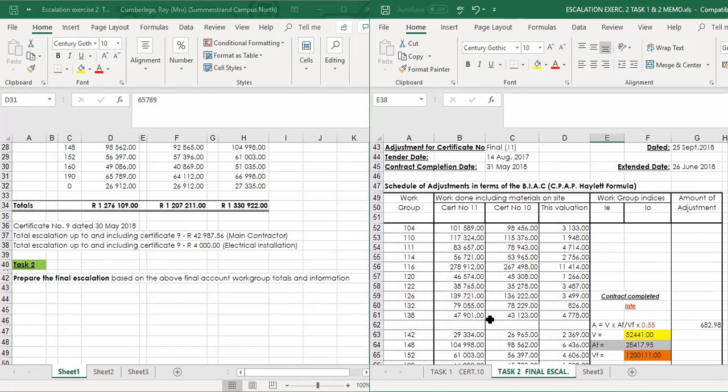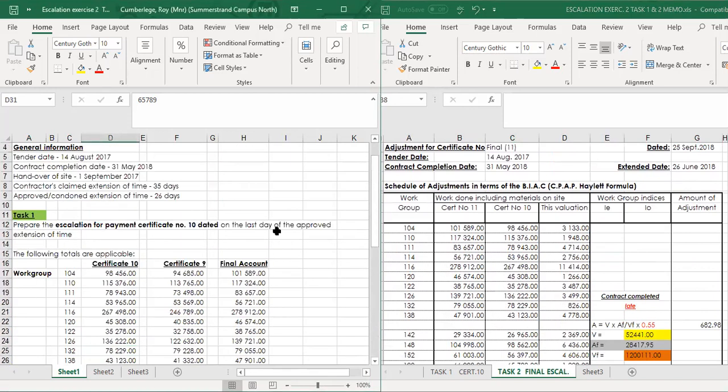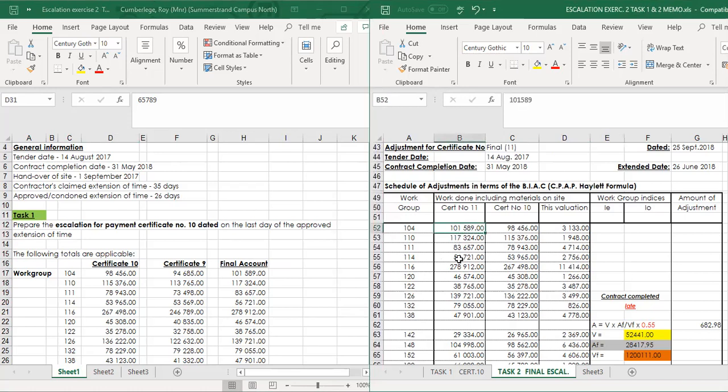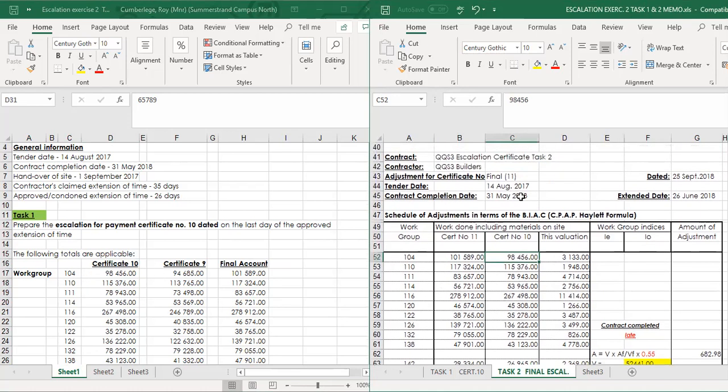So obviously you've done the final account, and we've got the figures from the final account. There are your values from the final account. Let's say for work group 104, there's the amount, and there's the amount for the final escalation. Less the previous, that is now the value from certificate 10, because we are now preparing certificate 11, the final escalation. And note there's no indices applicable at final escalation.